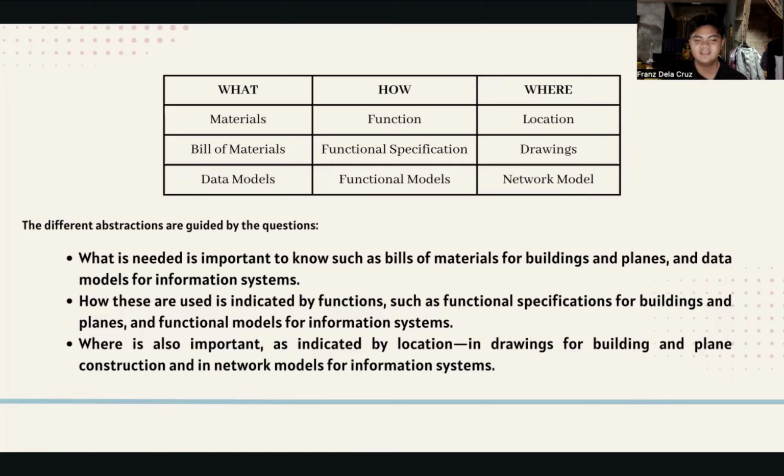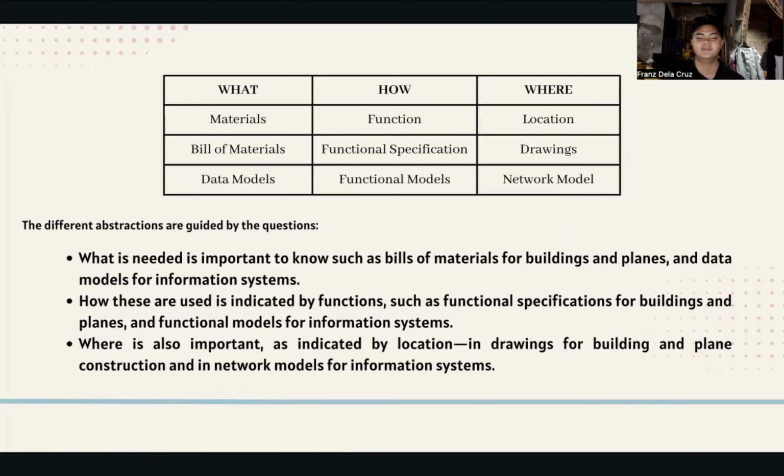What is needed is important to know, such as bills of materials for buildings and planes and data models for information systems. How things are used is indicated by function, such as functional specifications for buildings and planes, and functional models for information systems.